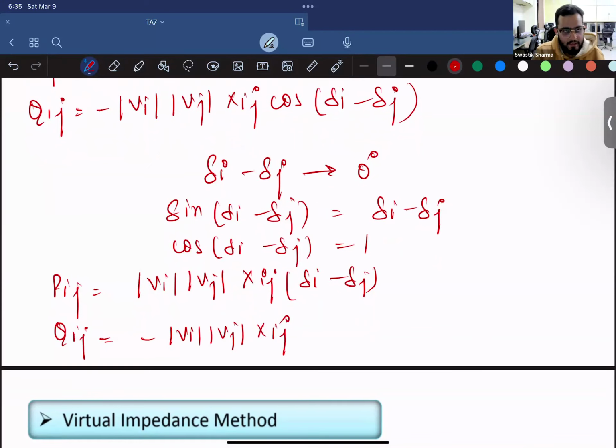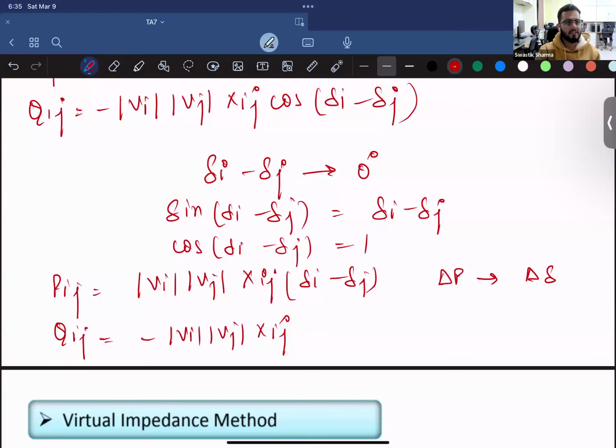Now, in both of these terms, there is a peculiarity. In one term, you have angle difference coming into play. Generally we treat delta P to be dependent on this delta delta, that is the phase angle difference.